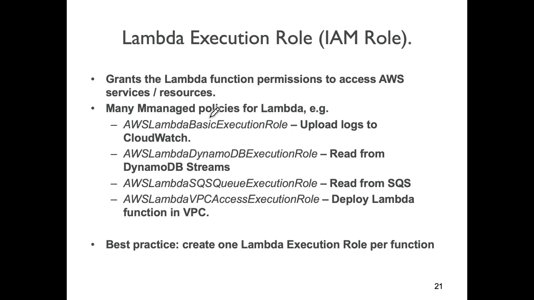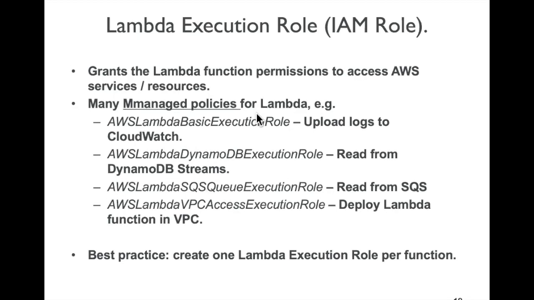It allows the possessor of the role, our Lambda function, the right to send logs to the CloudWatch service. Another example, SQS: if your Lambda wants to put messages into SQS, then there's a predefined managed policy, and so on and so forth.